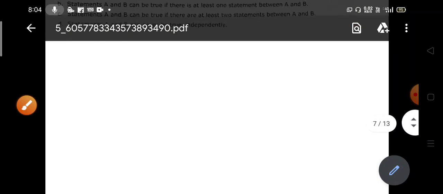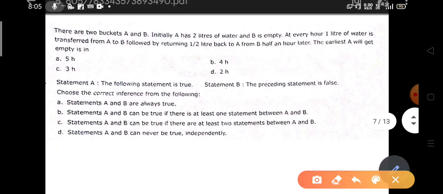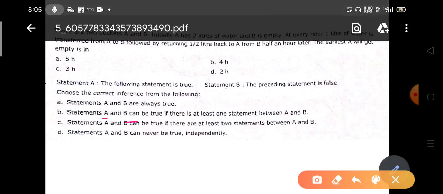So now the question has been asked: the statements A and B are always true. Statement A and B can be true if there is at least one statement between A and B. Statement A and B can be true if there are at least two statements before A and B. Statement A and B can never be true independently.